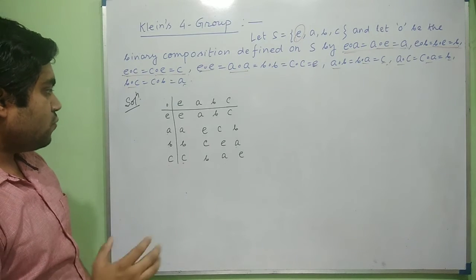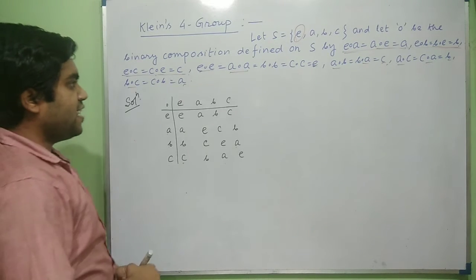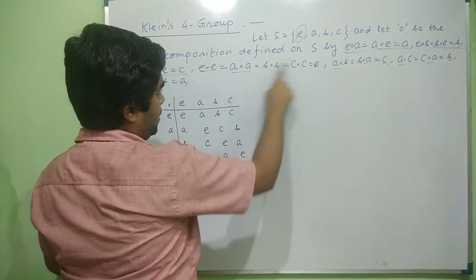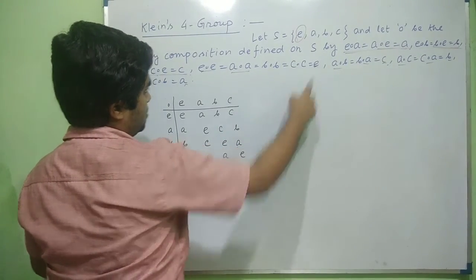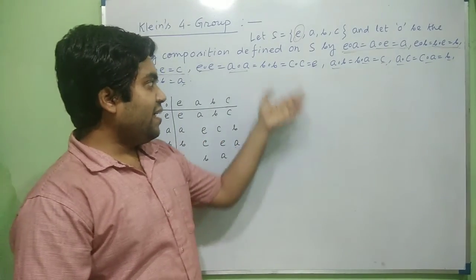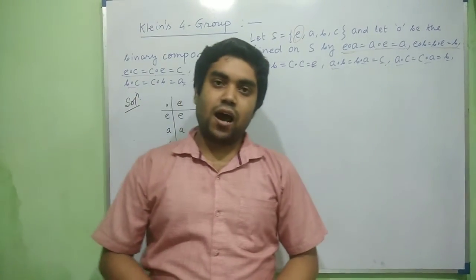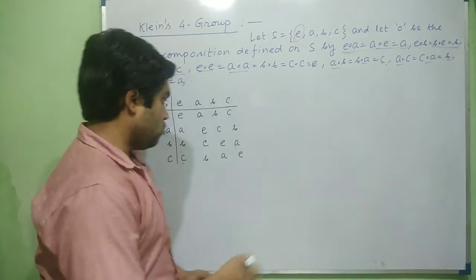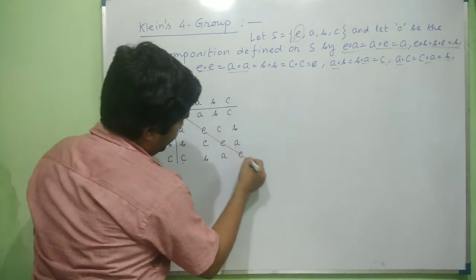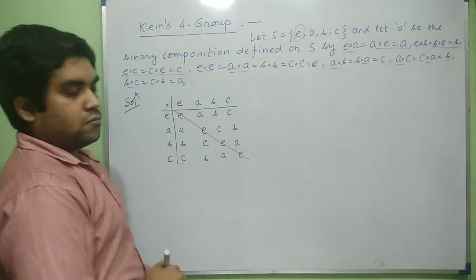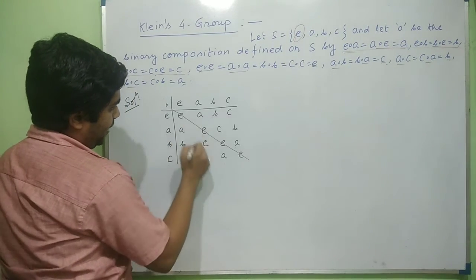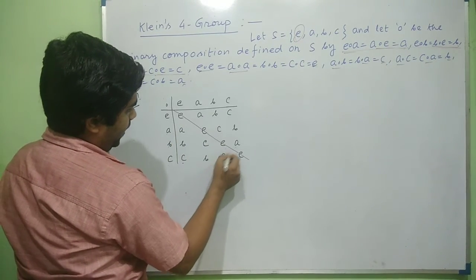For the inverse element we can say that each element is self-inverse, as e o e equal to e, a o a equal to e, b o b equal to e, and c o c equal to e. From the definition of the inverse element we can say that each of the elements of the set is self-inverse. Also the composition table is symmetric about the principal diagonal.